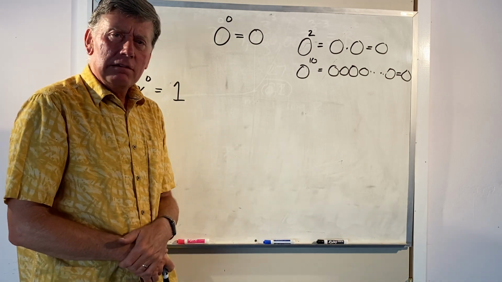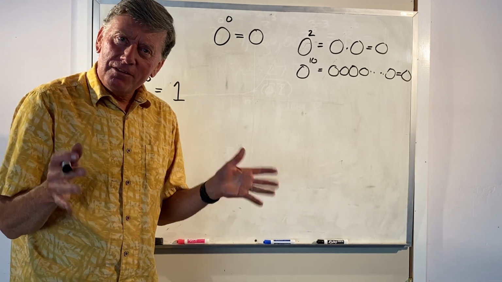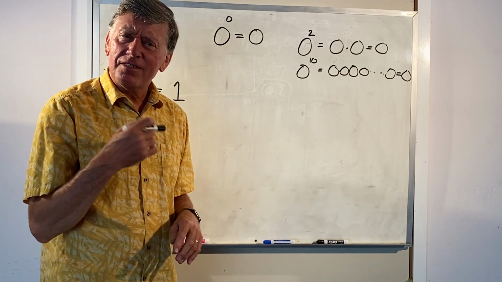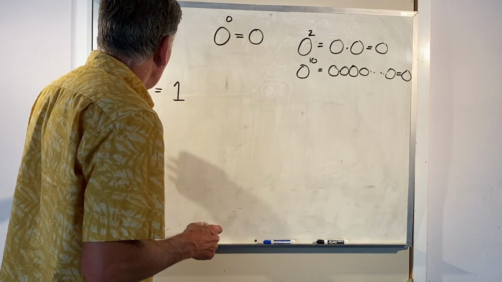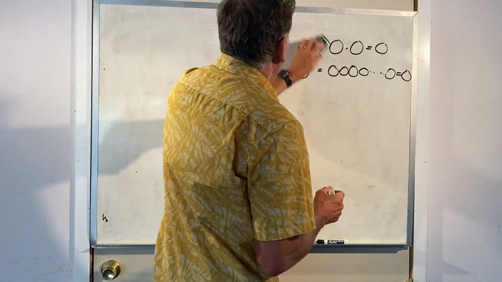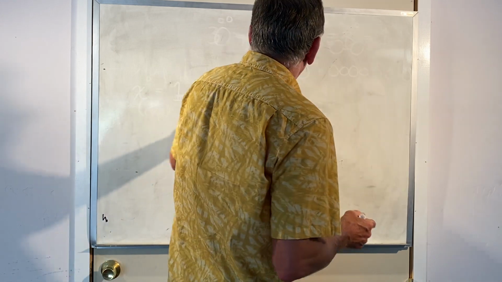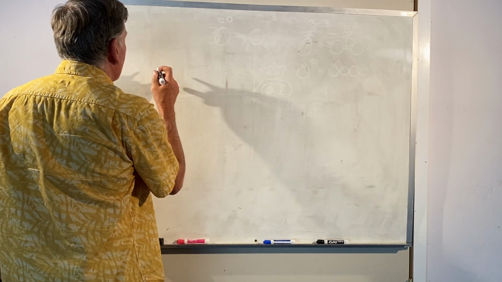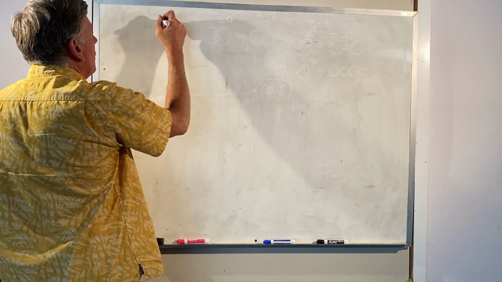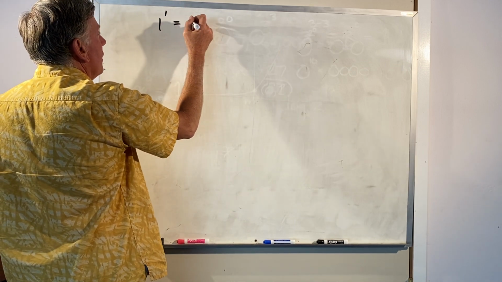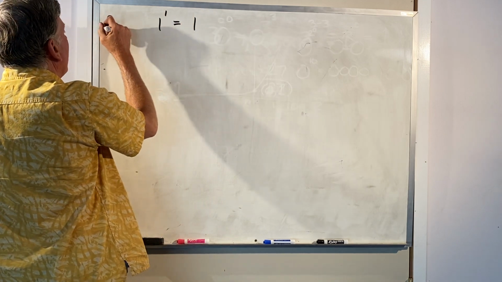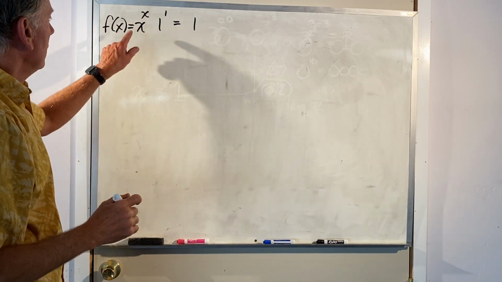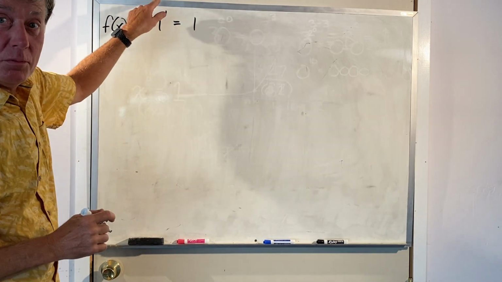And I must confess that this little video that I'm doing is taken from somebody who just did a masterful job of this. But I want to follow up in his footsteps. We know that 1 to the 1 power is 1. I want to look at f of x equals x to the x power. If x is 1, the exponent is 1.